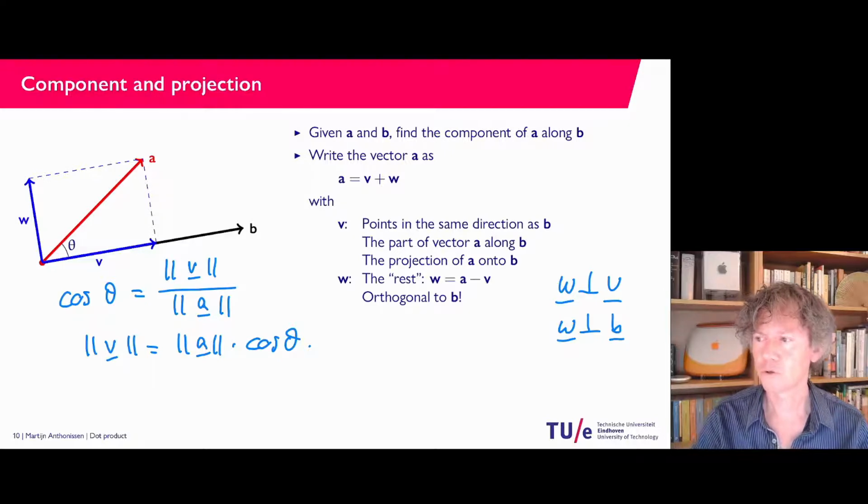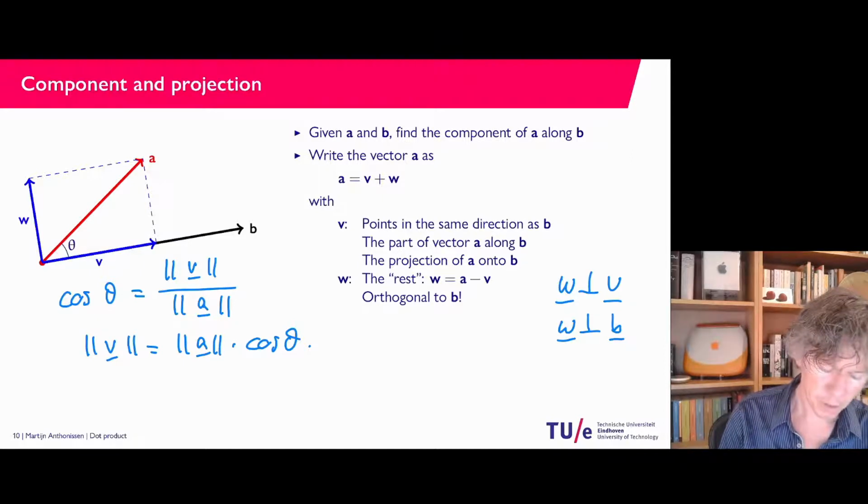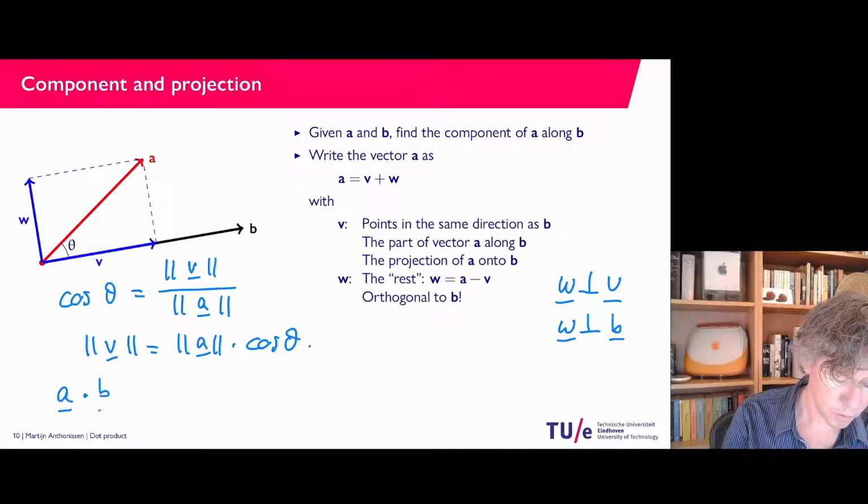So what I'm going to do is the following. So theta is the angle between A and B. So I know that the dot product A dot B equals length of A times length of B times cosine theta.